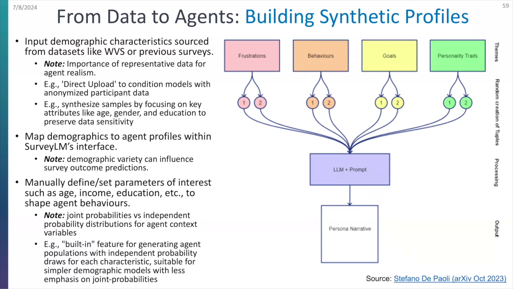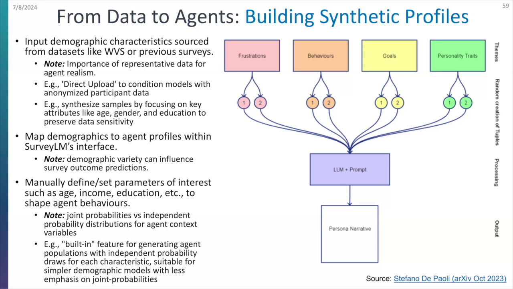Maybe I've run some experiments or surveys with real-world people, and I can upload that data or use a certain subset of it. Maybe even only this set of demographic characteristics, or this set plus some of the answers on political views, depending on what context you want to include.